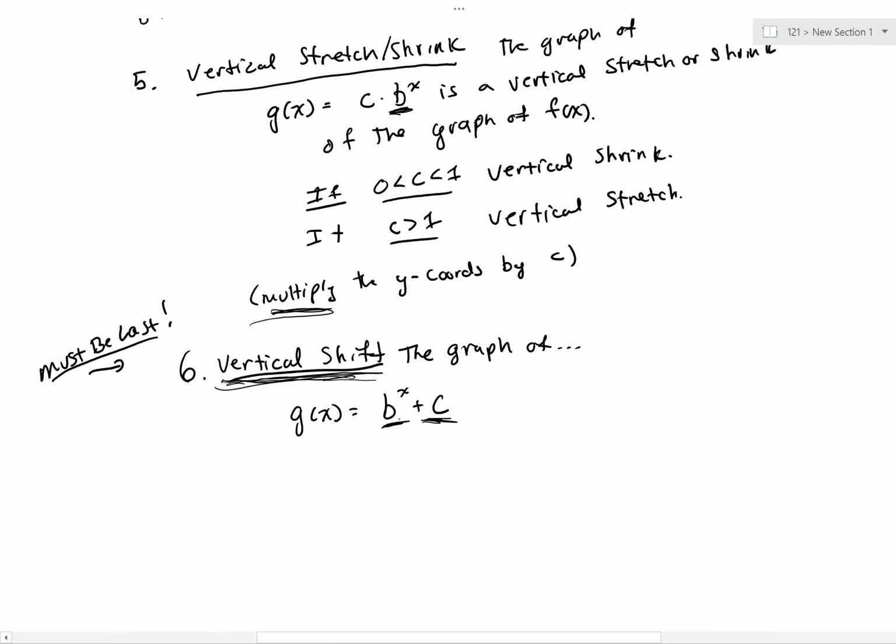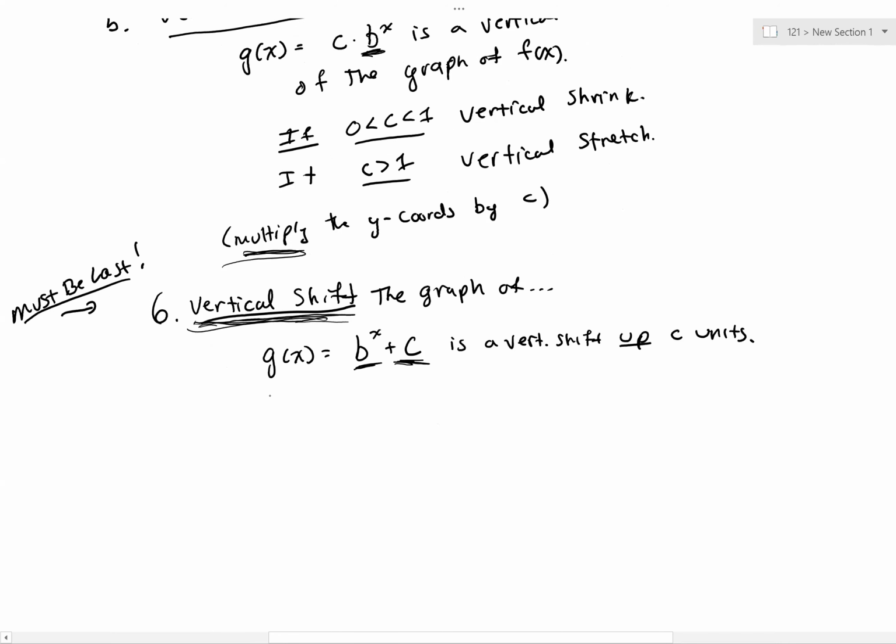So that'll move it up c units. So this is a vertical shift up c units. So you would add c to your y values. And for g of x is equal to b to the x minus c, that's a vertical shift down c units.